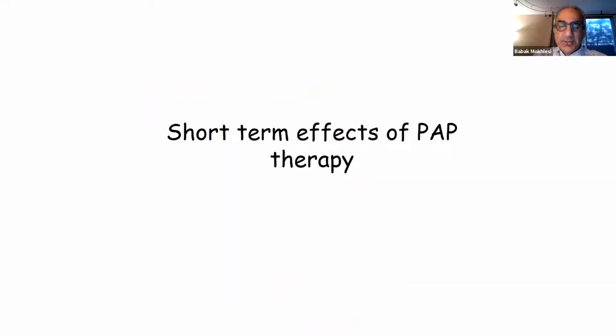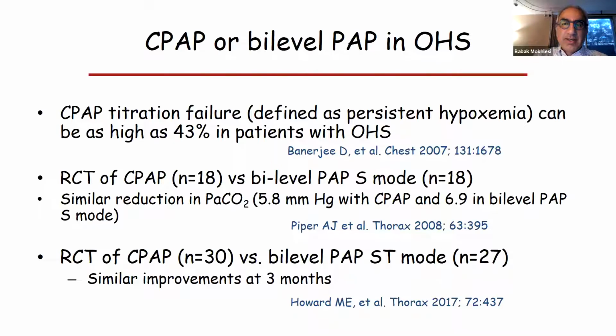And in terms of effects of PAP therapy, this slide doesn't do it justice, but just to summarize, years ago, Banerjee and Amanda Piper's group in Australia published that if you look at patients with OHS who undergo CPAP titration, 43% failed CPAP titration, meaning they define CPAP titration failure as persistent hypoxemia on the ideal pressure.